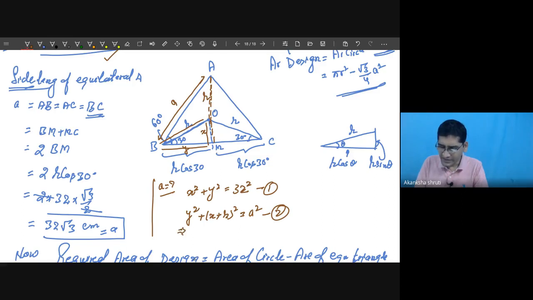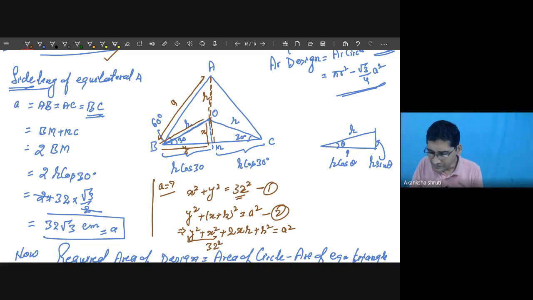This implies y square plus x square plus twice of xr plus r square is equals to a square. Are you getting? X square plus y square is known to us, 32 square. We can directly substitute 32 square plus twice of x. X is the required one.